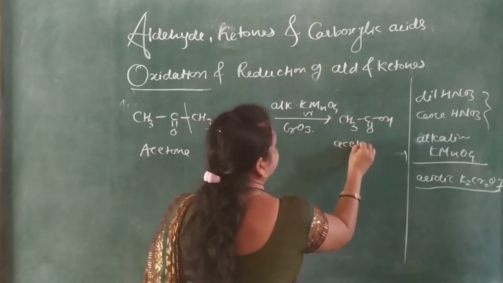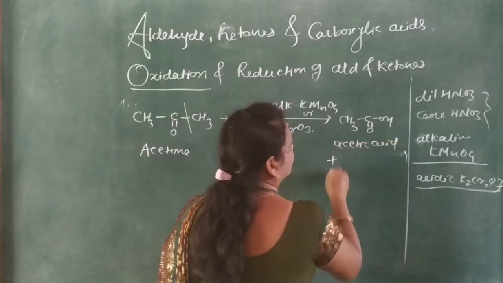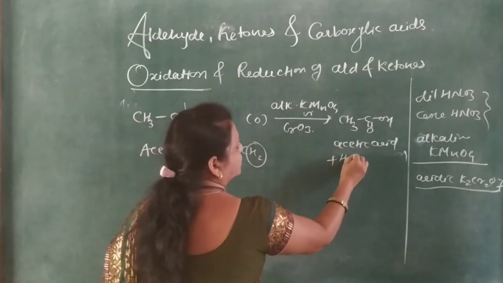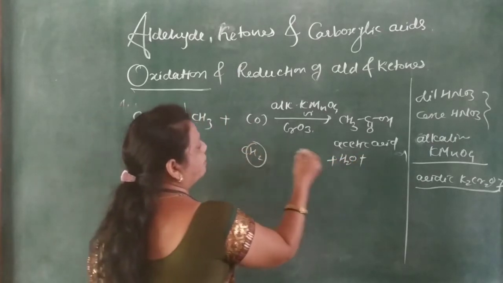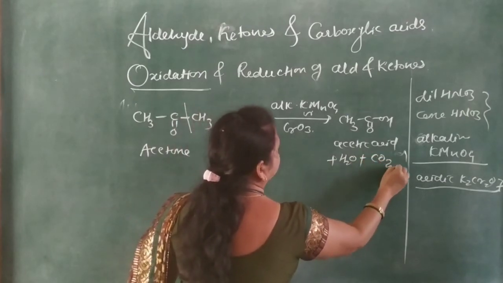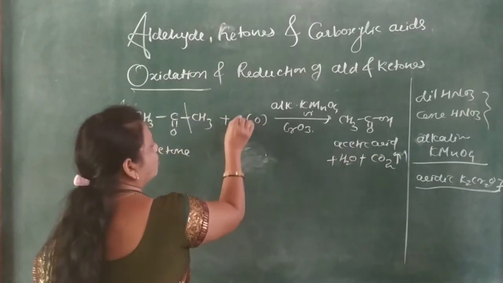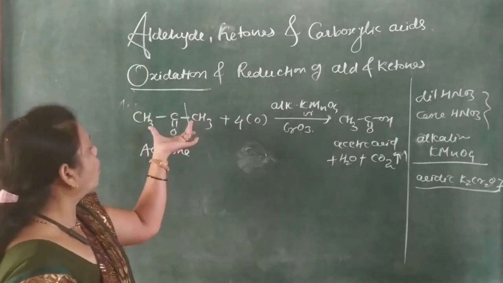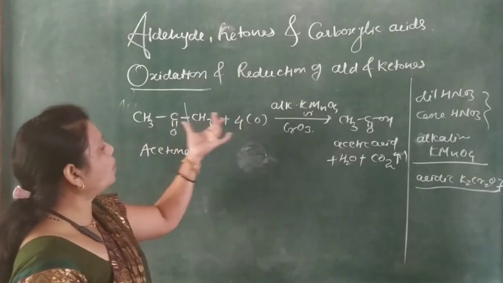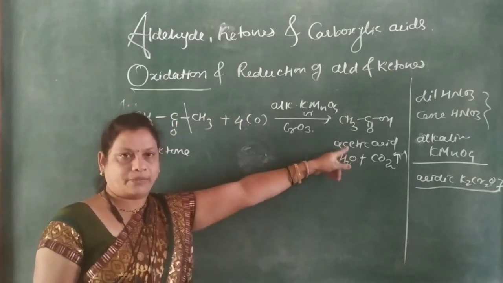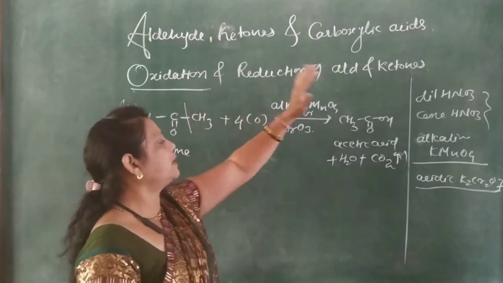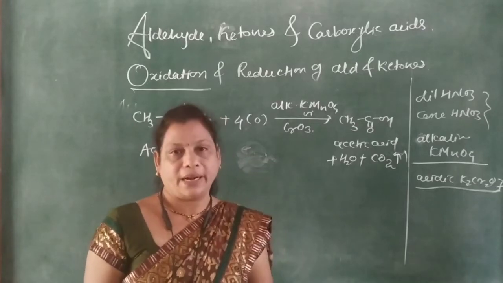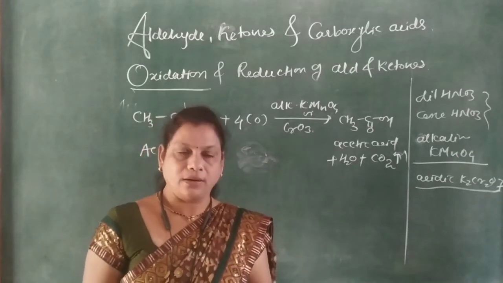This is acetic acid. Then the remaining CH2: H2 combines with O to form H2O, and this C combines with 2 oxygen atoms to form CO2. Here 4 oxygen atoms are required. This is the balanced chemical reaction for oxidation of acetone. Acetone on oxidation forms acetic acid, meaning a ketone on oxidation forms a carboxylic acid with fewer carbon atoms, depending upon the ketone.